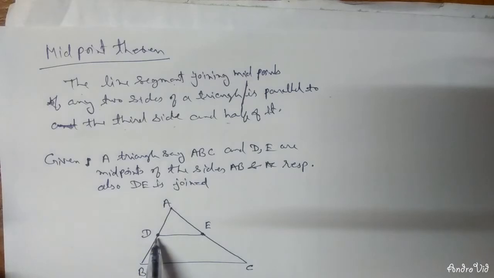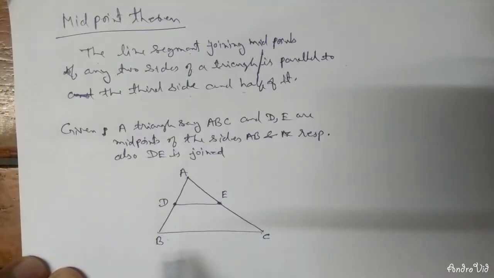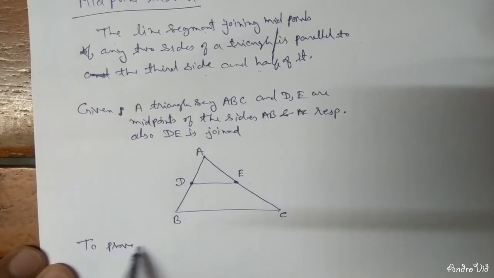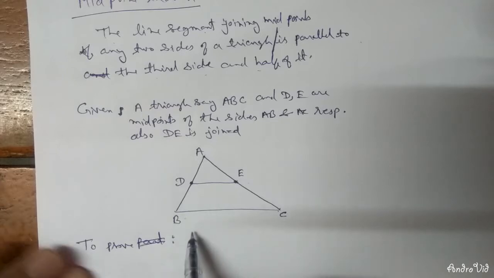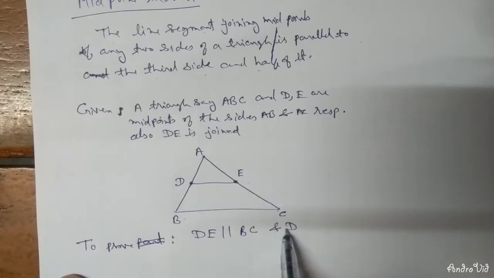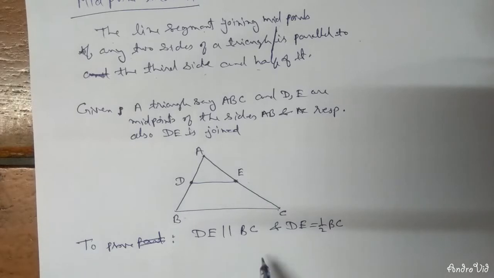So to prove, we have to prove DE is parallel to BC and DE is half of BC. So in to prove part, we have to write DE is parallel to BC and DE is half of BC.